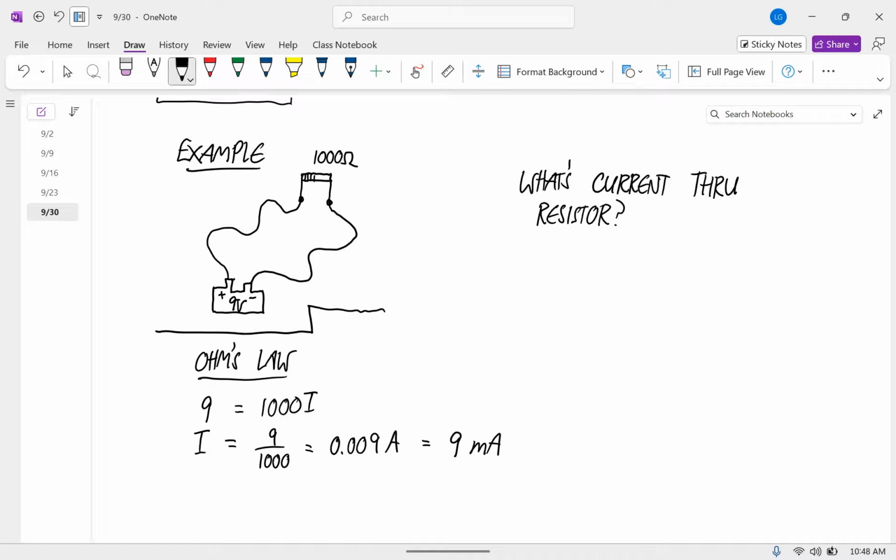The direction of the flow is this way from the positive, this way through the resistor, and this way back to the negative terminal of the battery.